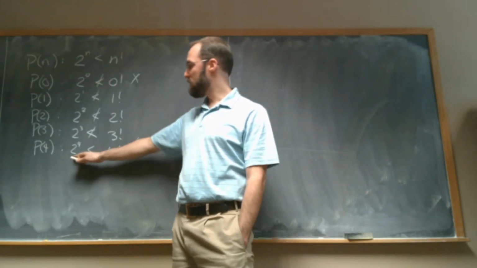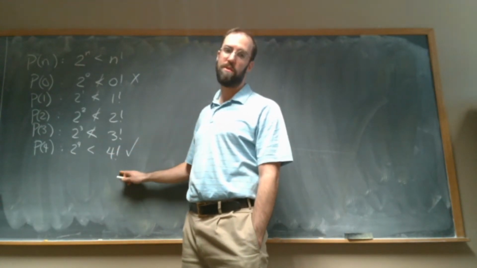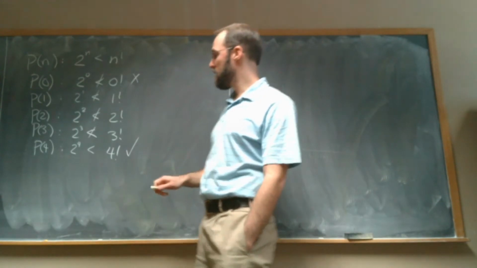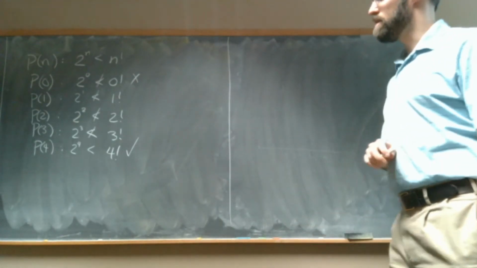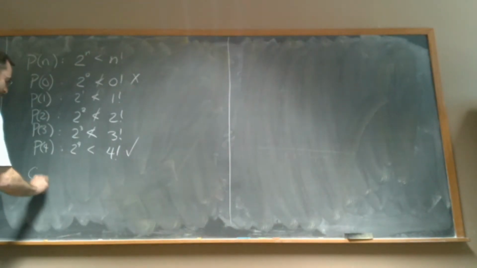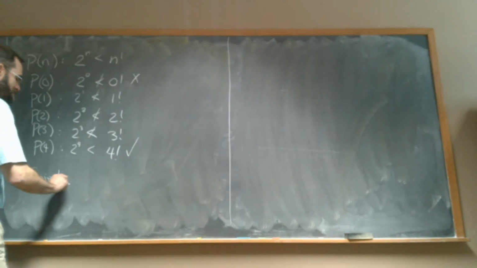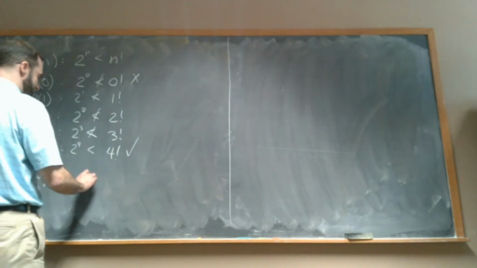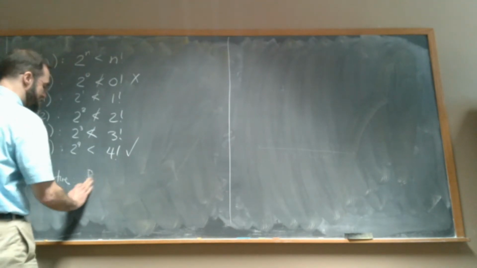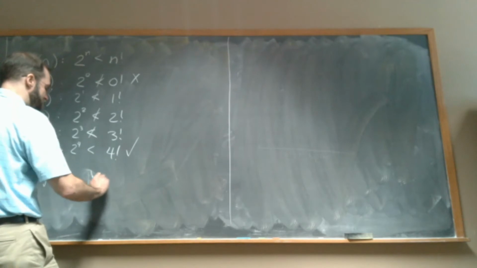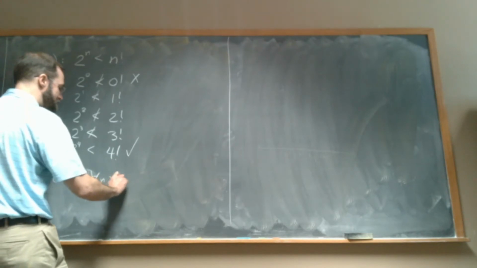So over here we get 32, and over here we get 120. And so it does look like this will be true from here on. So our conjecture is that P of n, it's not true for all natural numbers, but we can say for all n greater than or equal to 4, P of n.